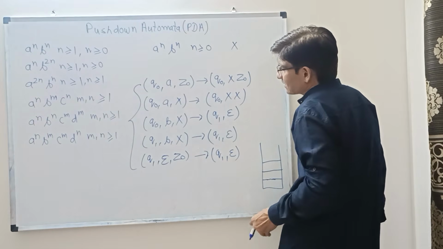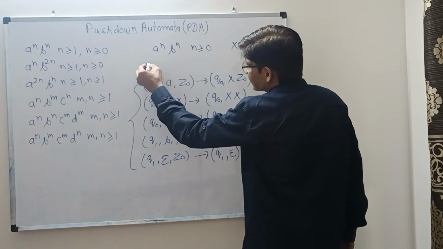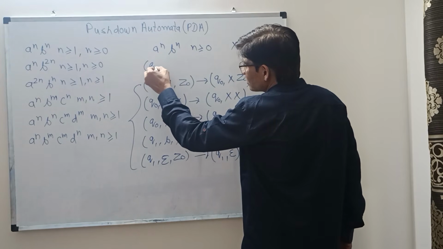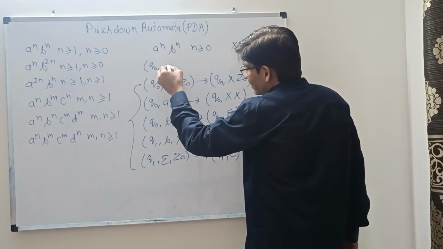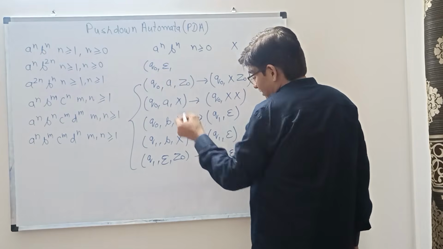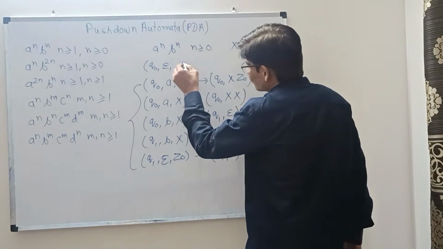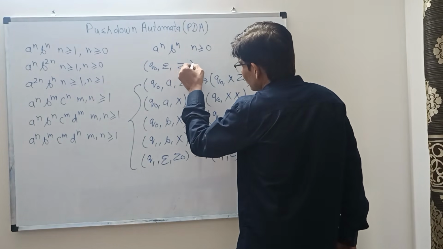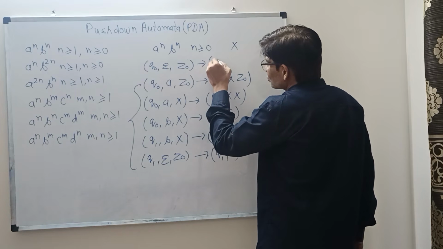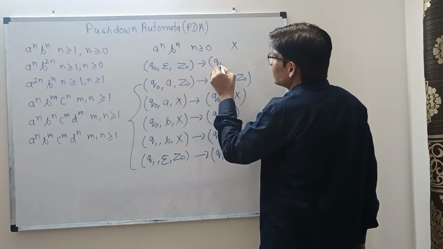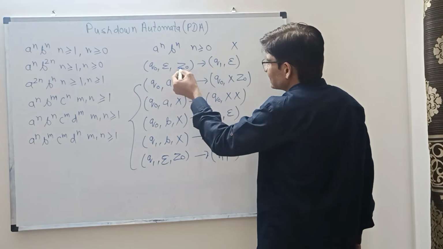So for this, we need to add only a single rule here: we are in Q0, which is the initial state of the PDA, and if n is 0, then we will read epsilon, and Z0 would be the stack top. This must also be accepted. So we will move to Q1 and pop this Z0.